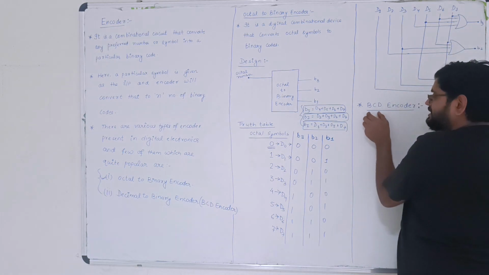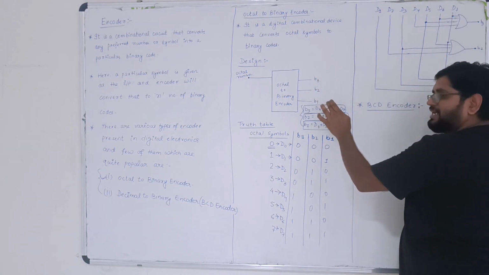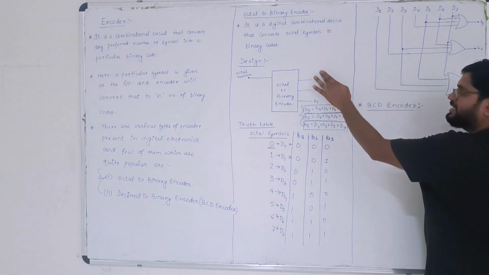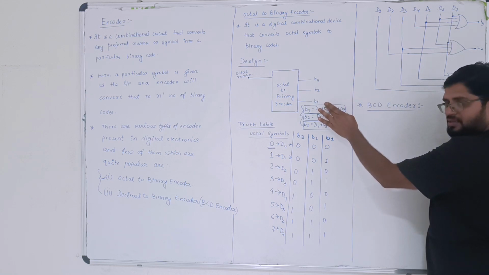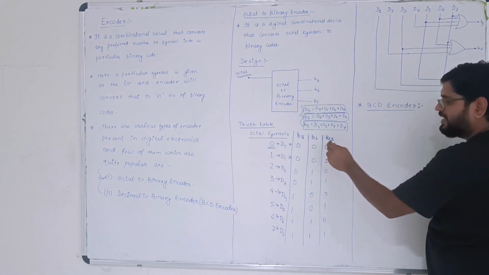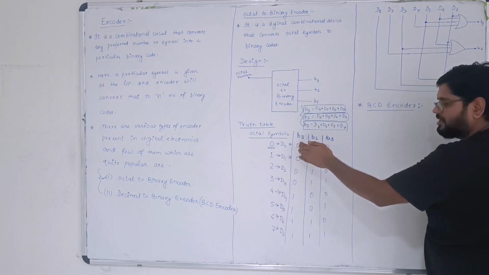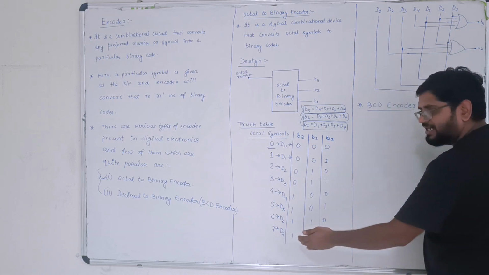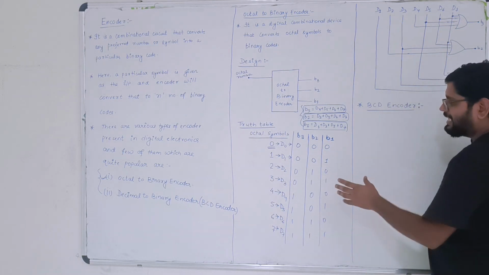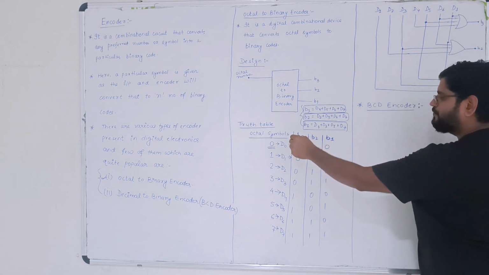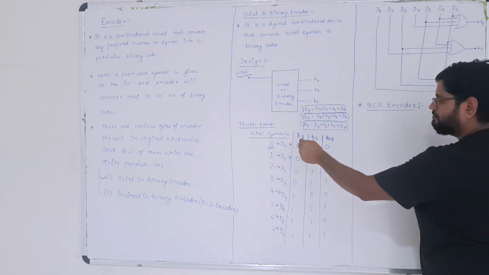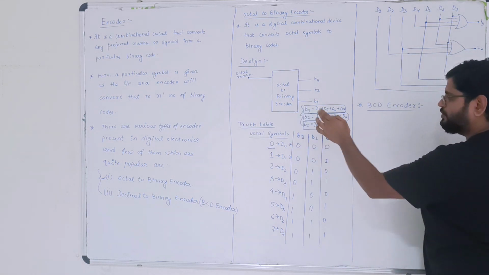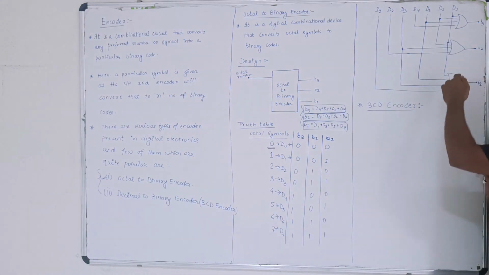Now we know that BCD numbers are encoded in binary by 4 bits. So we'll take it as B4, B3, B2 and B1, and go on filling these values depending on the numbering, that is 0000, and it will end definitely at 1001. After that, you will write the Boolean expression for B4, B3, B2 and B1. Once you have that, using OR gates, you will have the design.